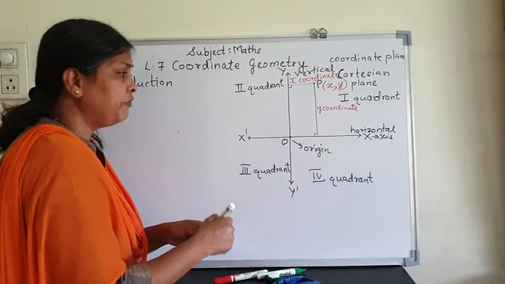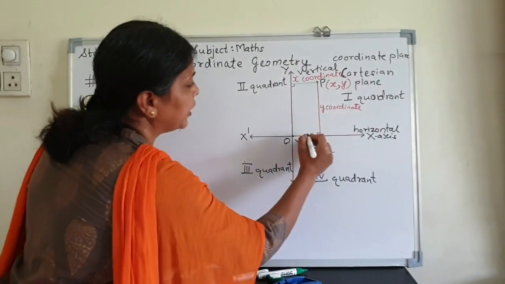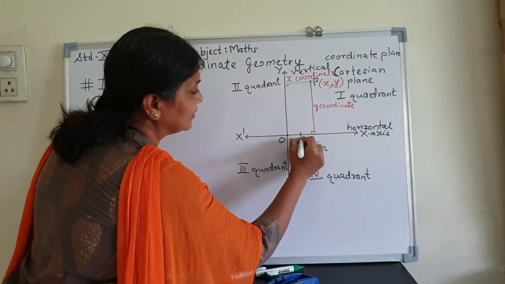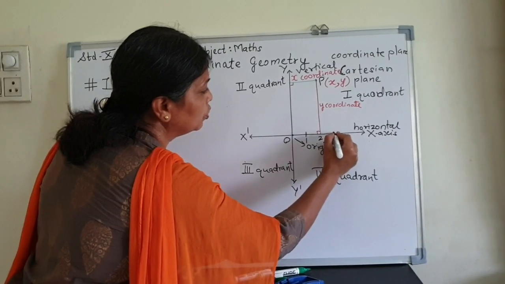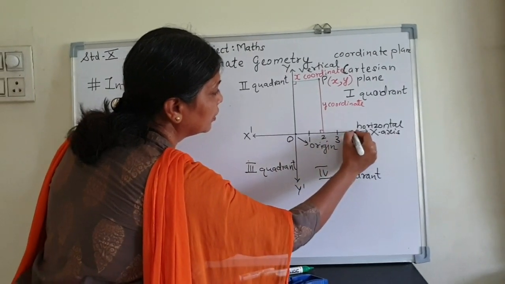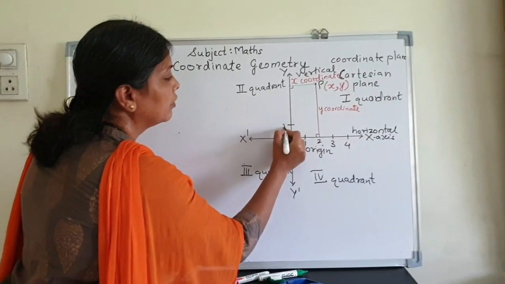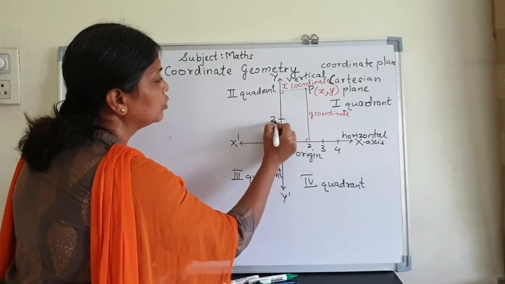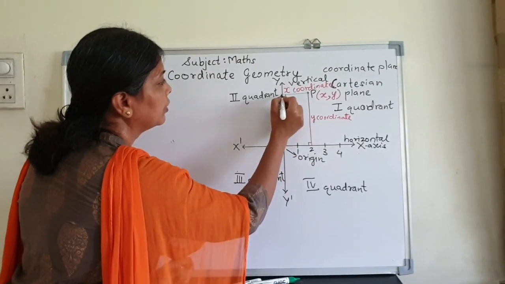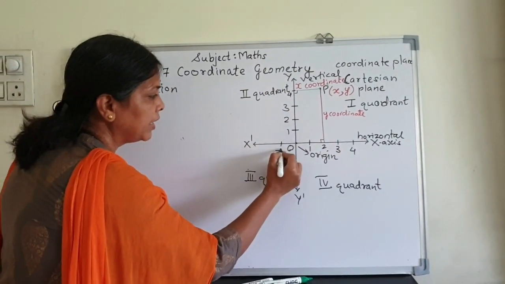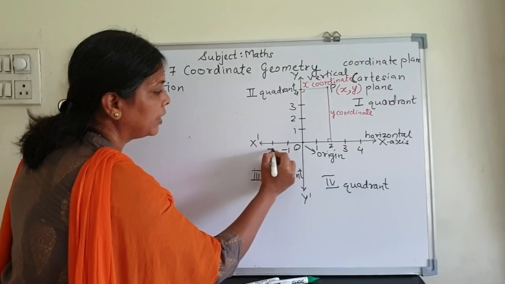Now if we number this axis, for example, 1, 2, 3, 4, 1, 2, 3, 4. So now here -1, -2.